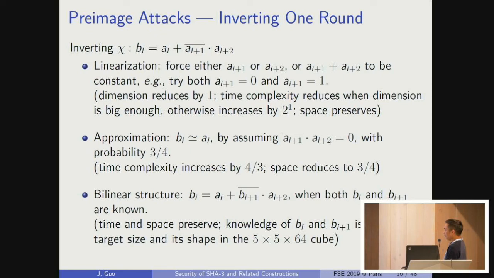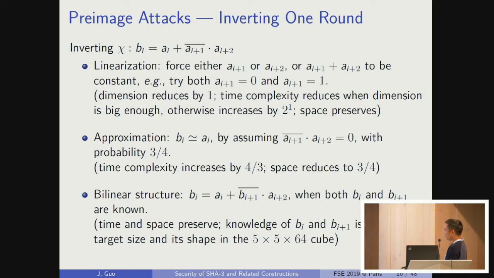The last way to invert this is by what we call a bilinear structure. If you look at 2 consecutive output bits, we can relate them with 2 input bits by this expression. B_i and B_{i+1} are the given targets, and A_i and A_{i+2} are the input bits.